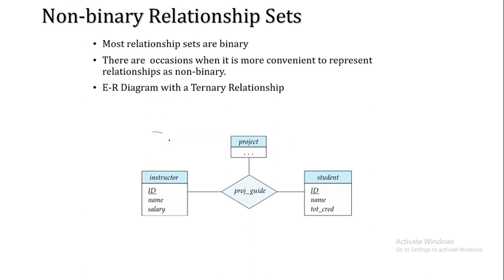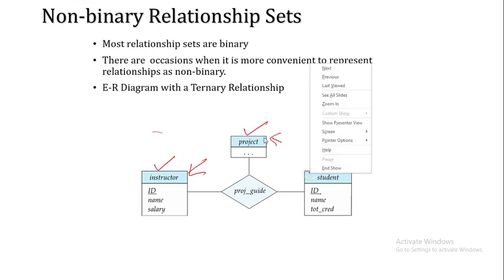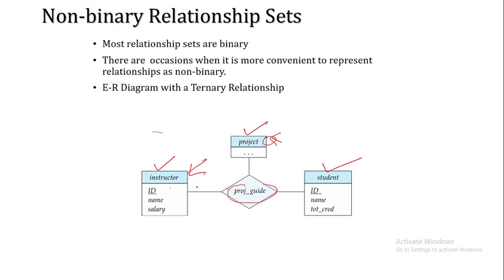Okay, this is a ternary relationship. Here we have 3 entity sets: one is your instructor, another is your student, and another is a project. What does the relation define? A student takes a project from the project entity set under the instruction of a project guide, and this project guide is any of the instructors present in the entity set.